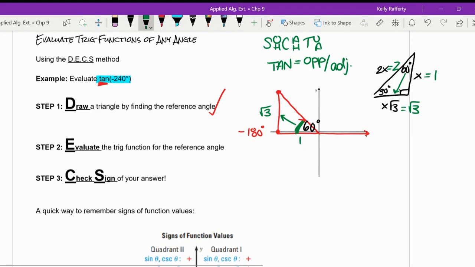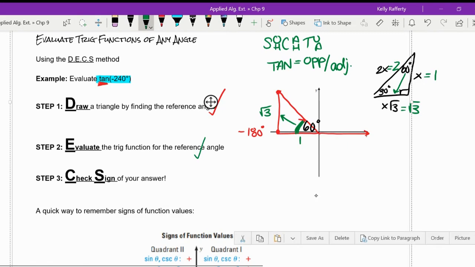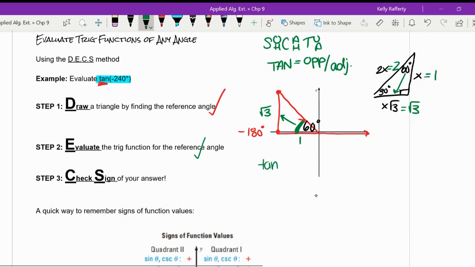All right, so we found the trig function. So tan of 60 equals opposite over adjacent, root 3 over 1. Now, the last thing we have to do is check the sign. I actually like to do this when I'm writing the sides of my triangle. This is why it's different from just a regular 30, 60, 90.